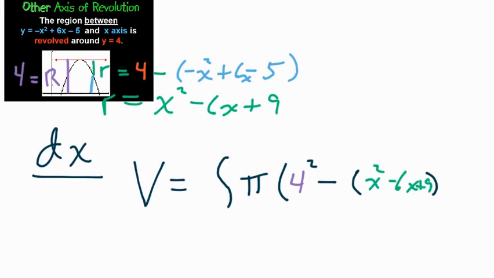They're solved for y, but they're in terms of x. Now, this square that I put here is probably the most forgotten square because you already see a square from your equation. But you want to make sure that you're using the big R squared minus little r squared formula very carefully every time you set up a washer method.